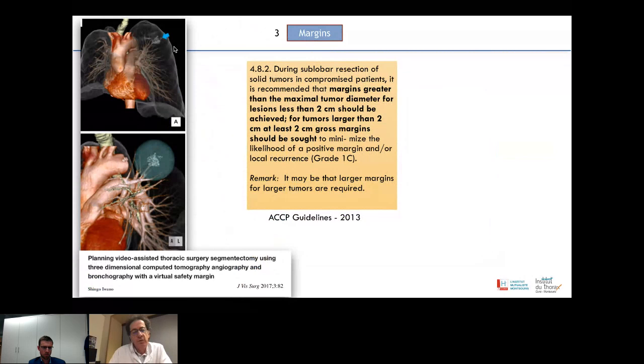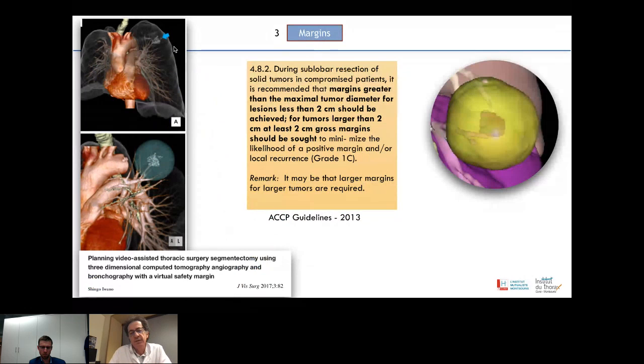As you know, if you look at the guidelines of the ECCP, it's recommended to have a safe margin, which should be greater than the maximum diameter of the tumor. So we have asked the company who is doing this modelization to calculate the safety margin. It's represented in pale yellow, as you see on the right picture.